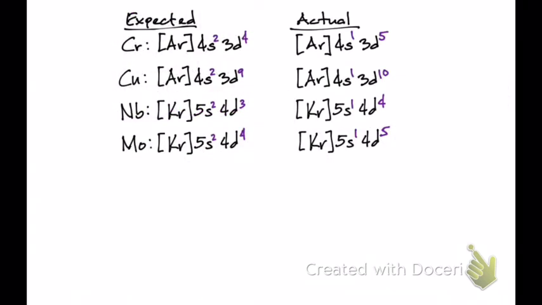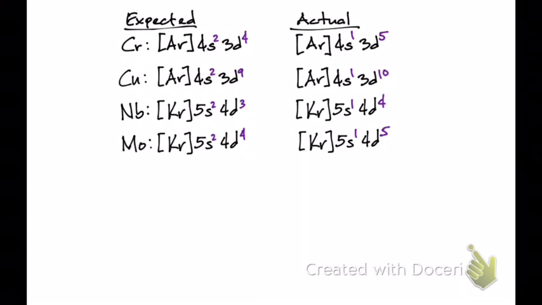So in the beginning of the lecture regarding electron configurations, we talked about the Aufbau principle, which basically states that sublevels are occupied by electrons in increasing energy level. But some of the transition elements or transition metals, the metals in the middle of the periodic table, don't follow this rule to some extent.